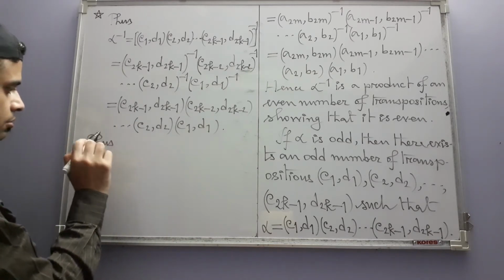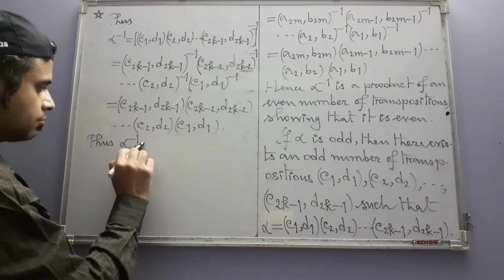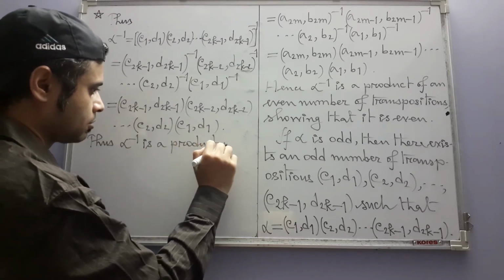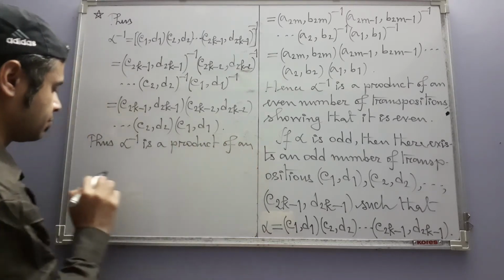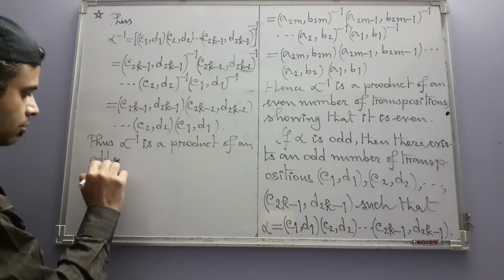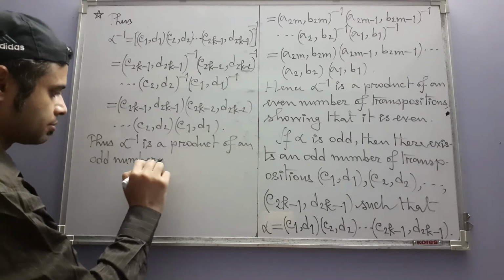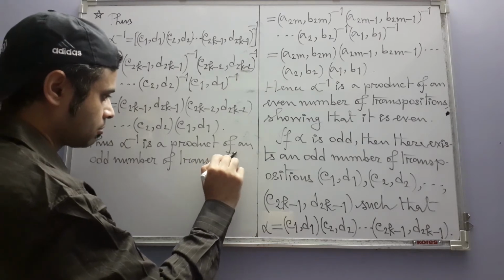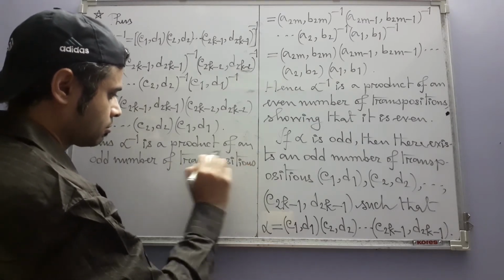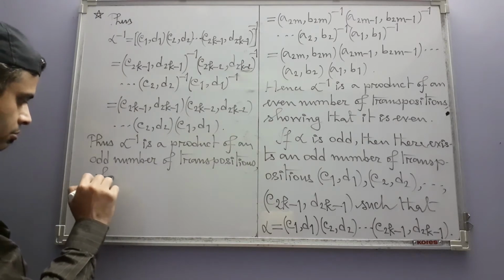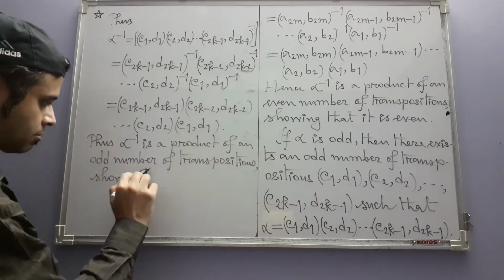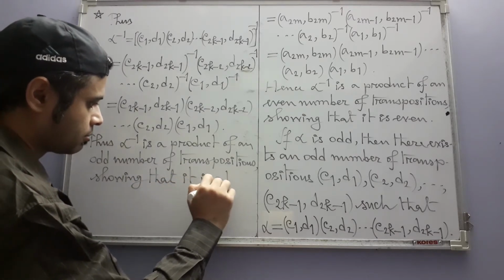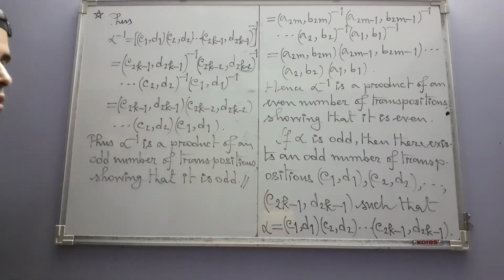Thus alpha inverse is a product of an odd number of transpositions, showing that it is odd. That's the solution.